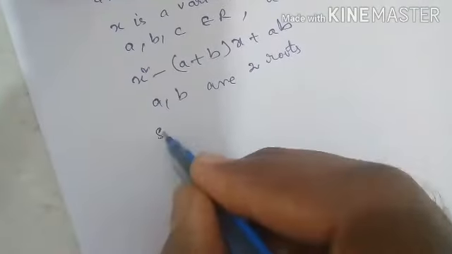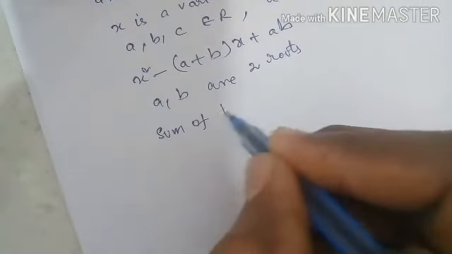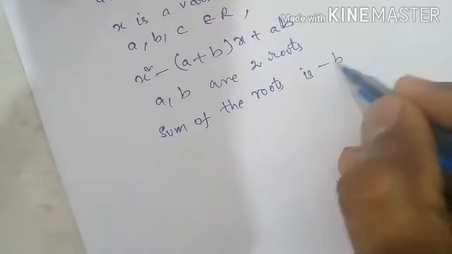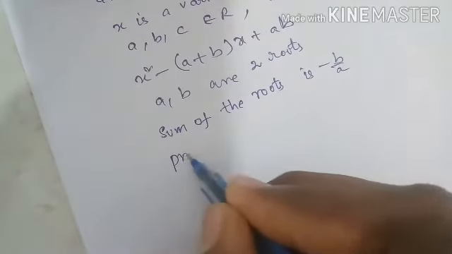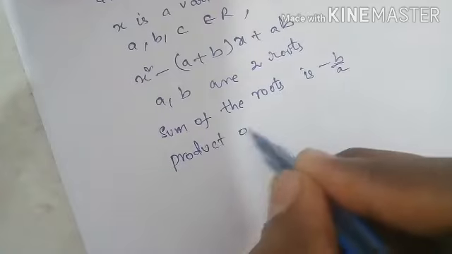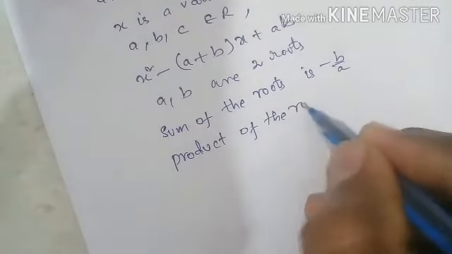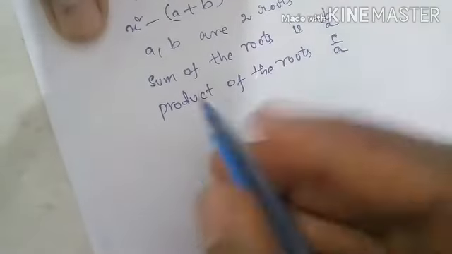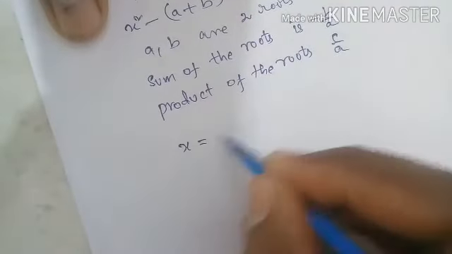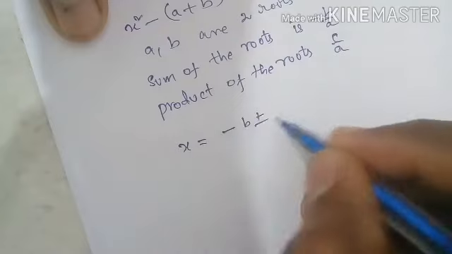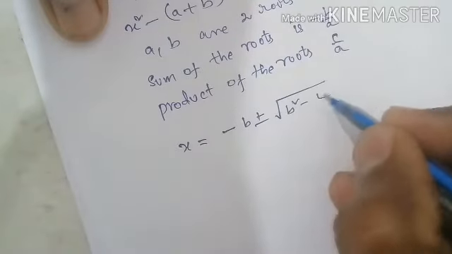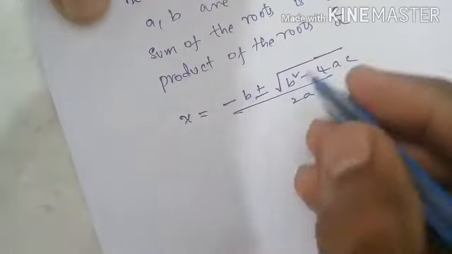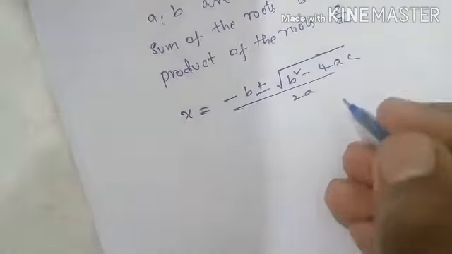Now here the sum of the roots is minus b by a, and the product of the roots is c by a. Like that, how can we derive the equation x is equal to minus b plus or minus root of b square minus 4ac by 2a. This is the root of the equation.